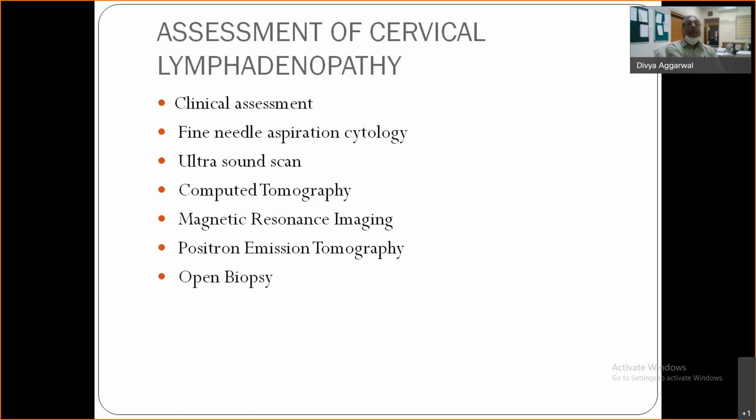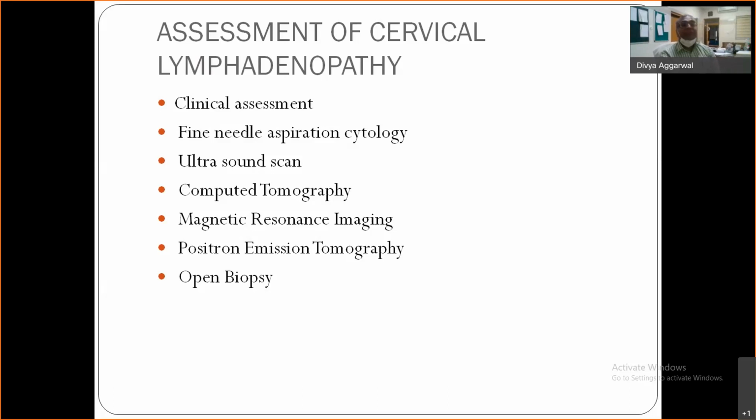So, how do you assess a cervical lymphadenopathy? So, there's a case which walks in and you suspect that it is some sort of an aerodigestive tract malignancy. So, how do you assess it? After you have taken the history, first is the clinical assessment. After that, there are various modalities by which you can find out whether there is a cervical metastasis or not.